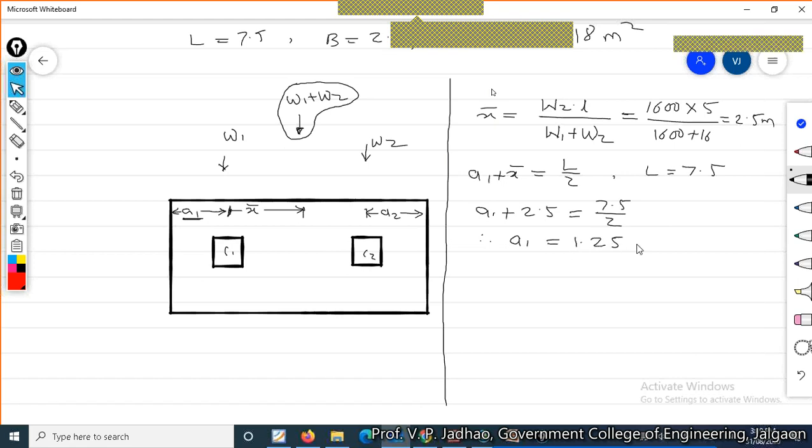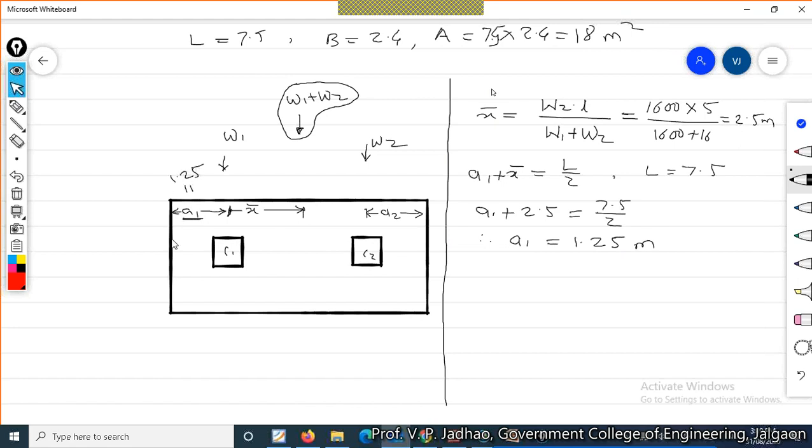A1 is equal to 1.25 meter. So we have got A1 as 1.25 meter.